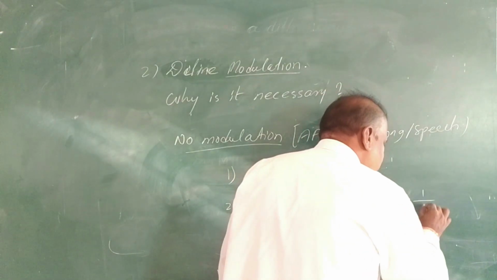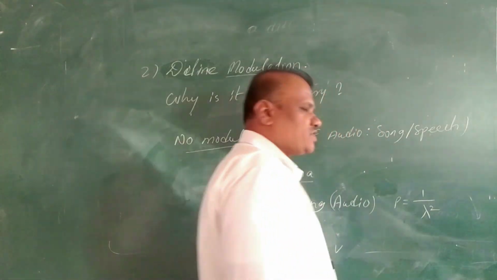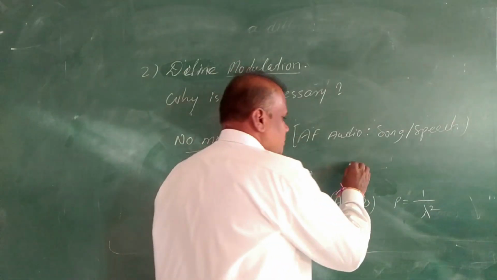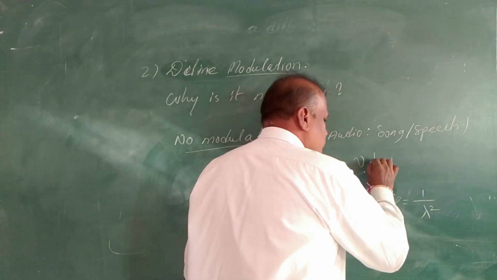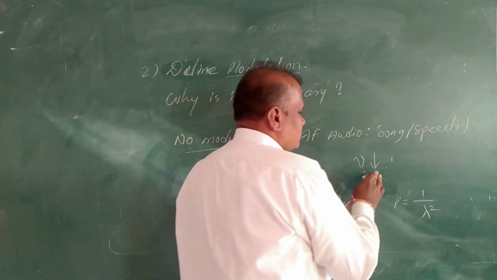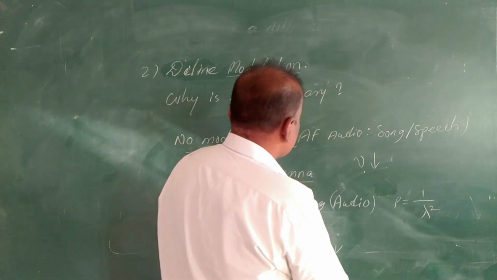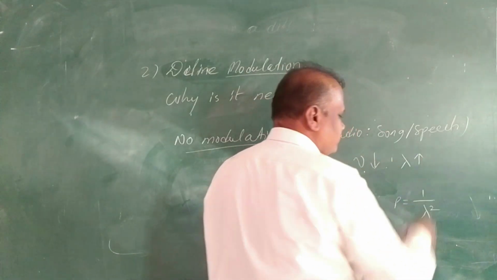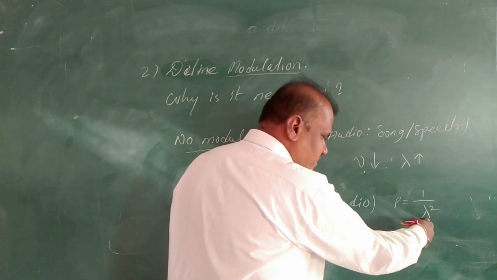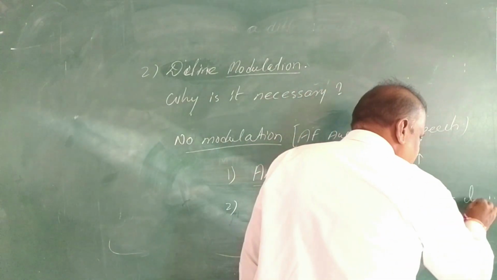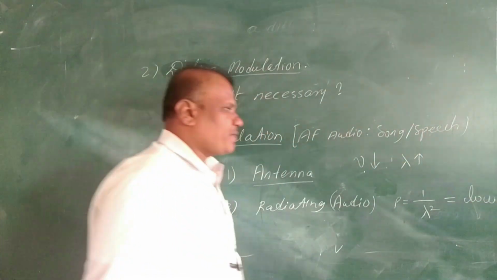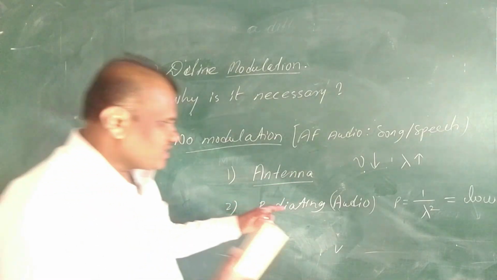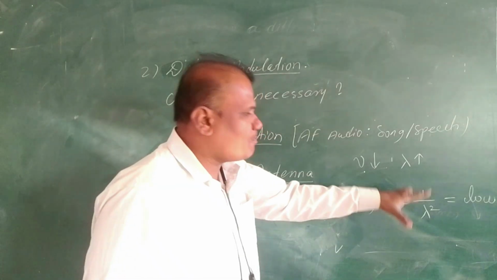The radiation power is proportional to 1 by lambda square. For audio signals the frequency is low, therefore the wavelength will be maximum. If the wavelength is maximum, the power will be low. Therefore, again it is not possible to send the audio signal by radiating into space, because audio signals carry low power.